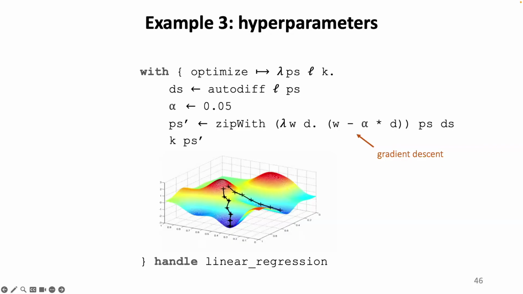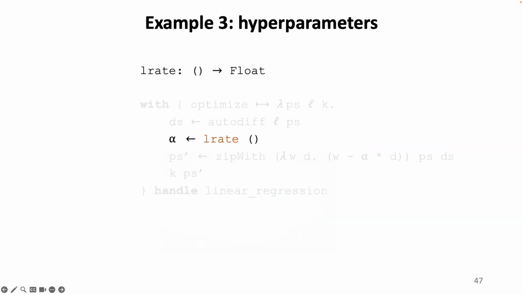So instead of just encoding this magic number 0.05 in the handler, because we are in an effect handler system, we can abstract this into an effect operation that returns a float value for us. Let's say lrate is an operation that takes unit and returns a float. Now we can abstract over the learning rate in the handler by performing lrate with the argument unit, and the result is bound to alpha.